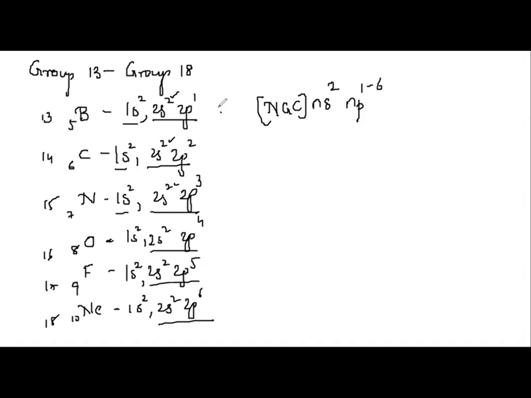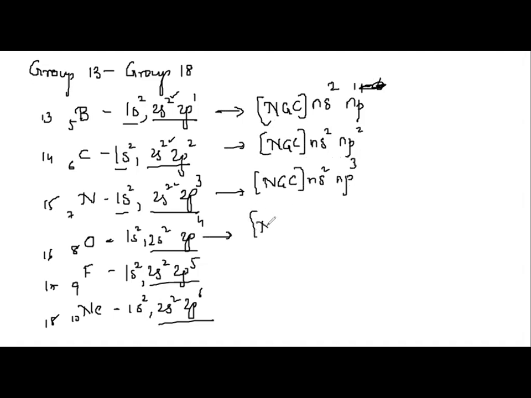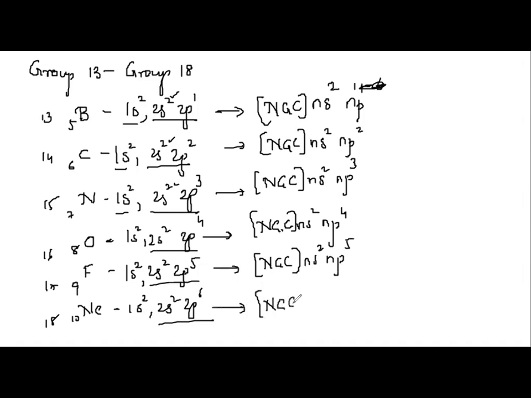For group 13, it is only np1. For group 14, noble gas configuration inside, ns2 np2. Group 15, noble gas configuration ns2 np3. Group 16, ns2 np4. Group 17, ns2 np5. Group 18, ns2 np6.